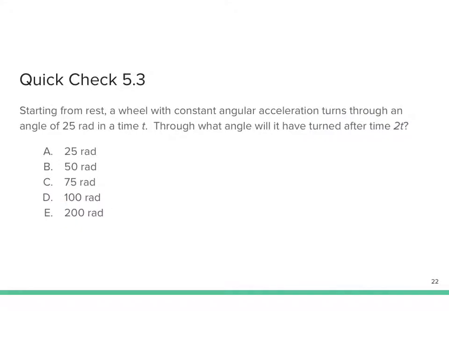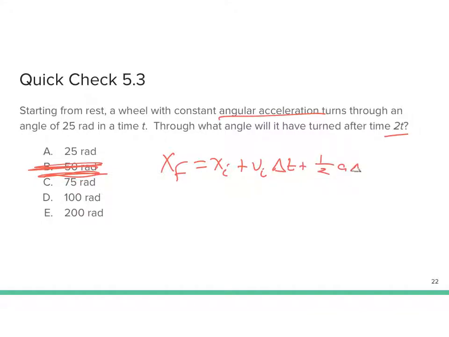Another quick check. Starting from rest, a wheel with constant angular acceleration turns through an angle of 25 rad in time t. Through what angle is it turned in 2t? A lot of you will jump to 50 rad. Sorry, that's incorrect. The reason is we're doubling the time, but this is a constant acceleration problem. When we did constant acceleration before, we said xf equals xi plus vi delta t plus 1/2 a delta t squared.